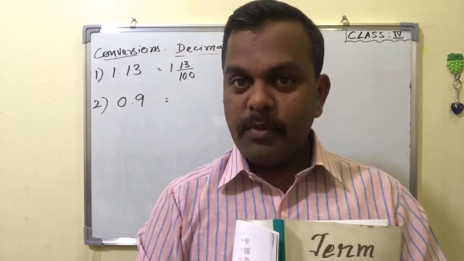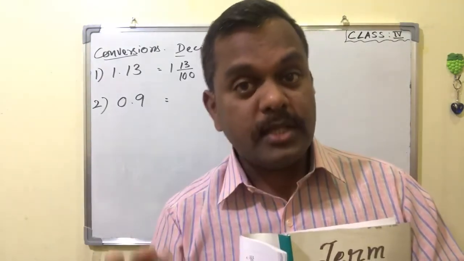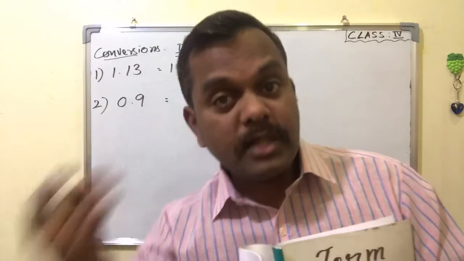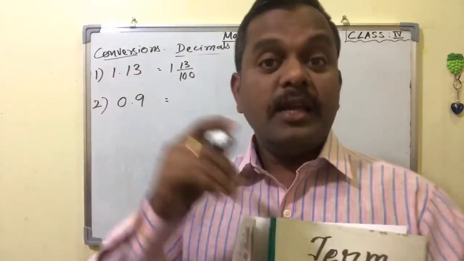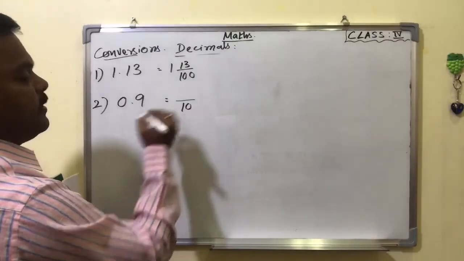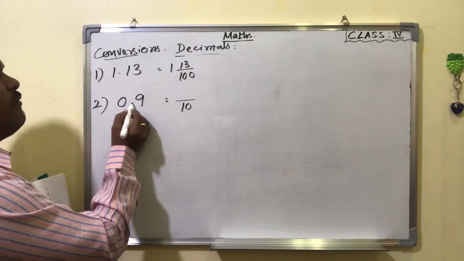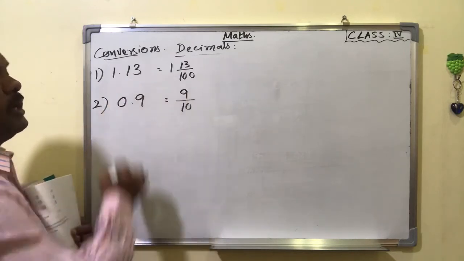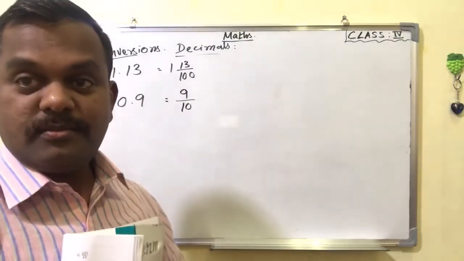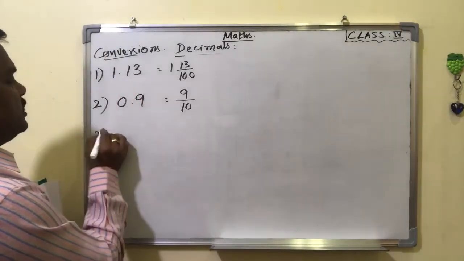I told you already: if it is 1 place, the denominator should be 10; if 2 places, 100; if 3 places, 1000. Here 1 place, so the denominator should be 10. Next, whatever number is present after the point is the numerator. 9 by 10 is the answer. That's all. Okay.